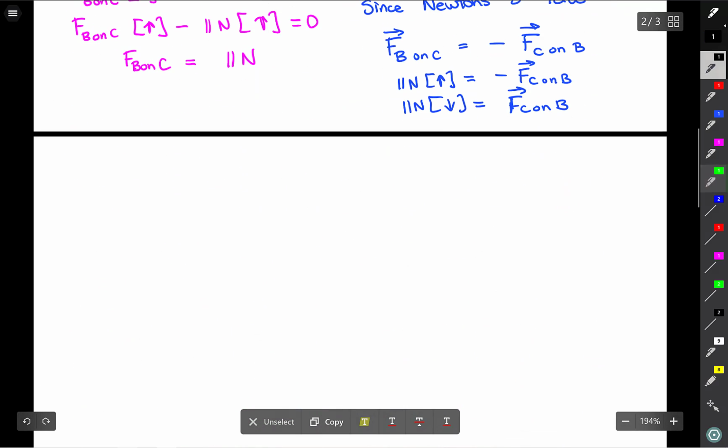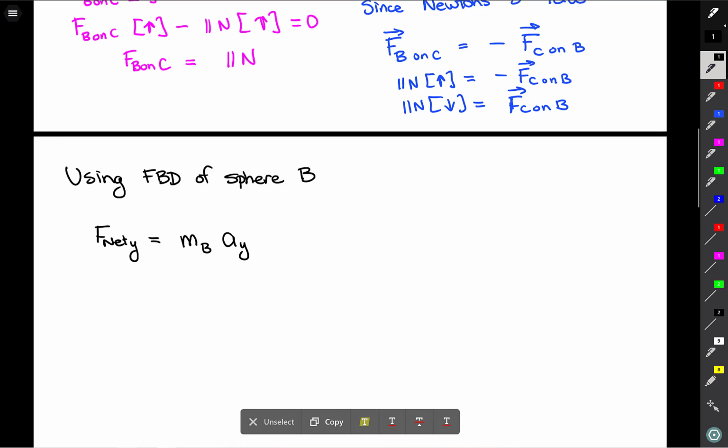Okay, so using the free body diagram of sphere B, the net force in the y direction is equal to the mass of sphere B multiplied by the acceleration of that sphere. Notice that because I'm using the free body diagram of just sphere B, I'm using just the mass of that object. So again, since the object is not accelerating, this term on the right hand side essentially goes to 0, and we have Newton's first law.